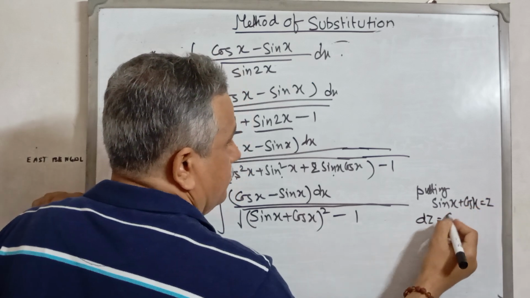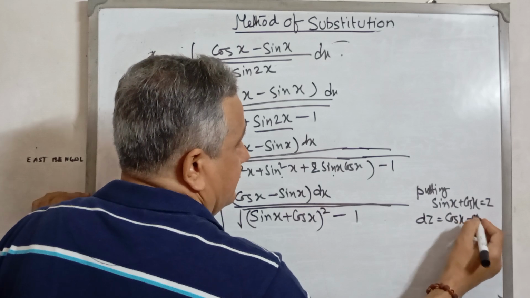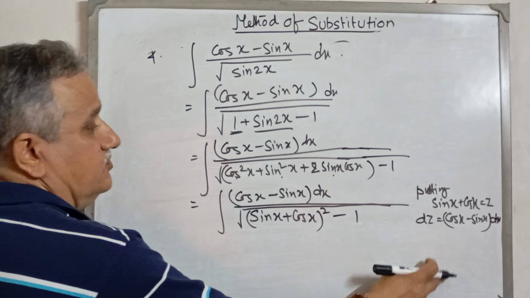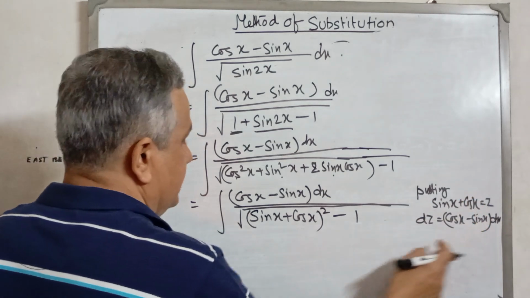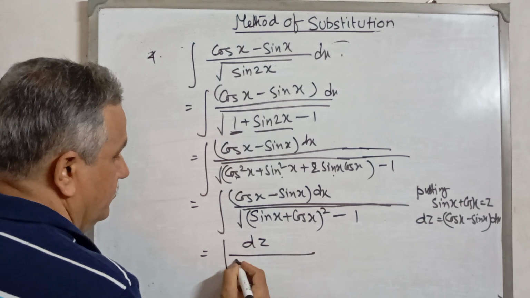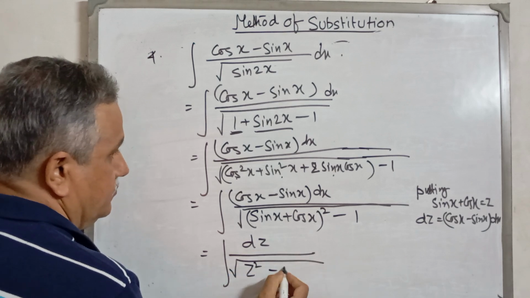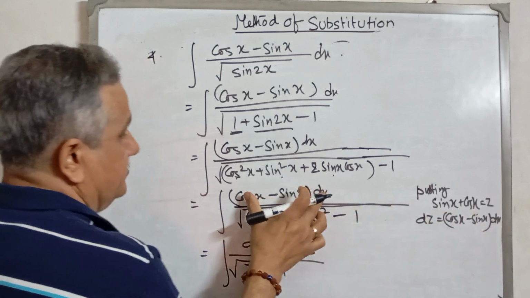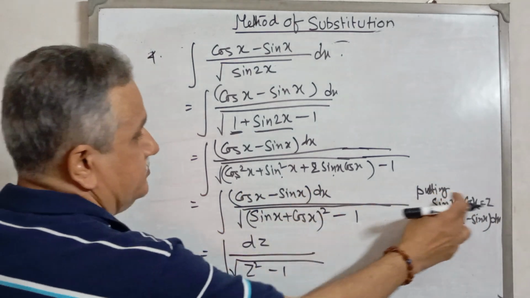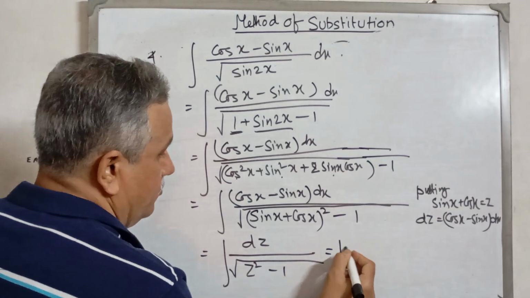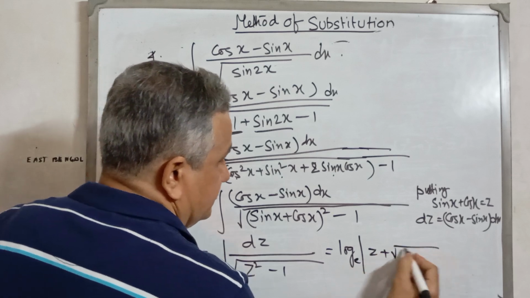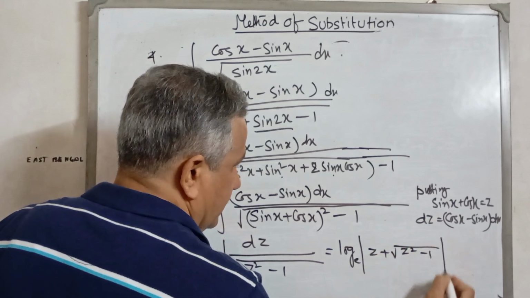So dz is cos x minus sin x dx, since the differentiation of sin x is cos x and of cos x is minus sin x. Now we get dz by root over z square minus 1. Cos x minus sin x dx is dz, and sin x plus cos x is z. Now it becomes a straight formula: z plus root over z square minus 1, plus c.